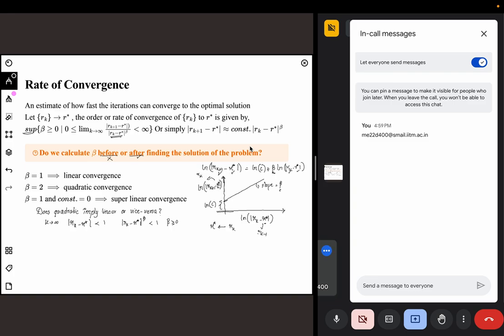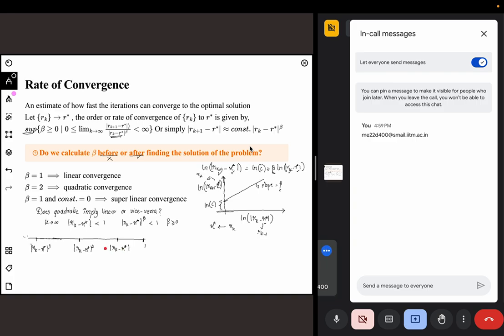So what am I trying to say here is, this is my 1 and this is my rk minus r star, this is rk minus r star square. All these values will be less than that, so you'll have rk minus r star cube and so on.